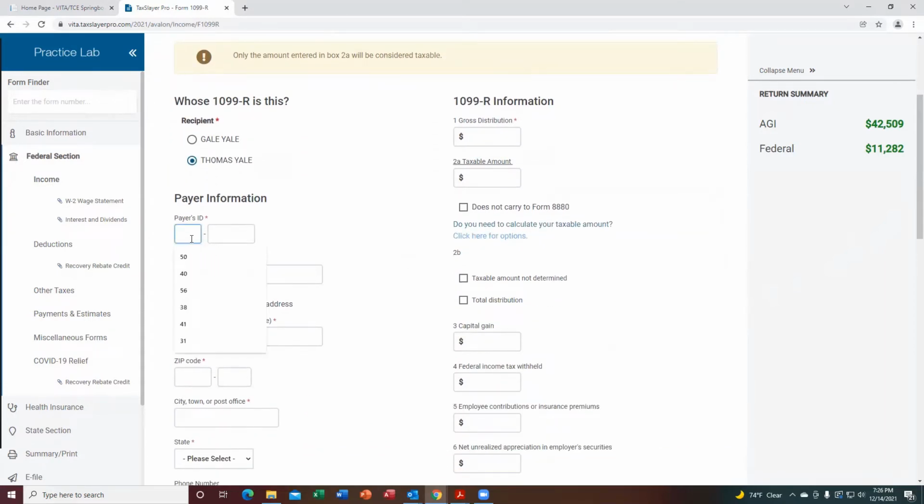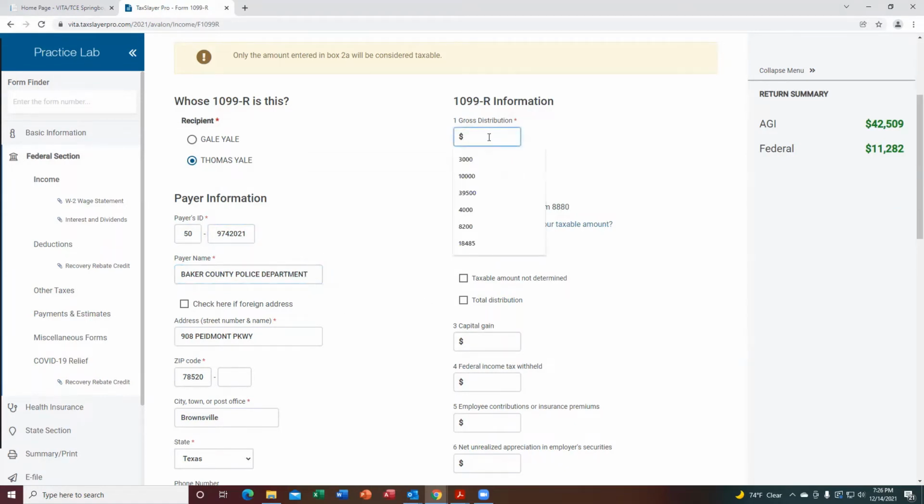Again, the payer. And I'm gonna use the number that I had previous. So I used 509-742021. Gross distribution as it appears on the form.